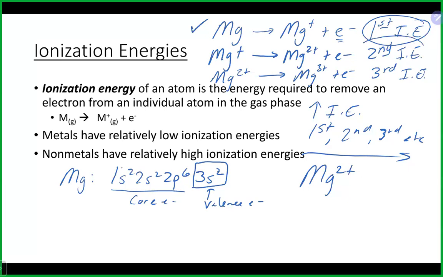We could then remove the second electron, which is still a valence electron because it's still furthest away from the nucleus. It's going to cost a little bit more energy than the first one. So you're all good. But what happens after I remove the first two? I am now going to have to dip into these core electrons, which is a jump in energy so big that it's not going to happen. It's just not energy efficient.